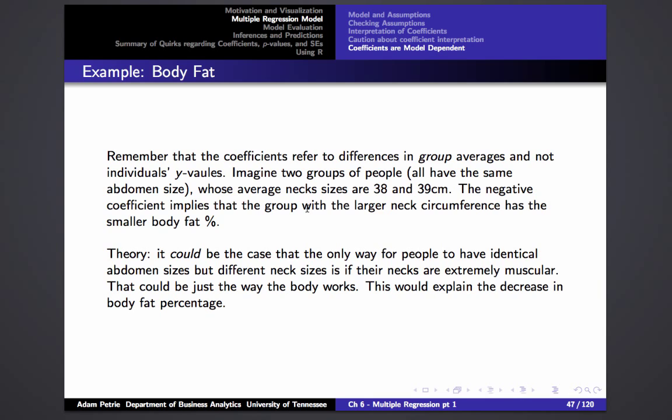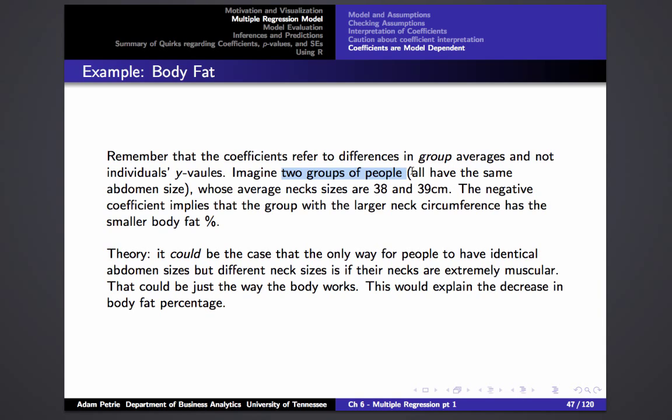Well, once again, let's really focus on what the interpretation of this coefficient tells us. Remember, the coefficient is referring to the difference in group averages and not individuals' y values. So basically, what we're doing when we interpret the coefficient is we imagine two individuals or two groups of people who are identical in the other regards with respect to the variables in the model.